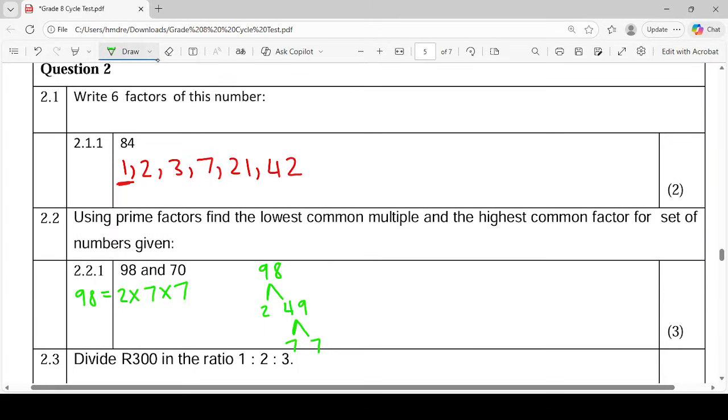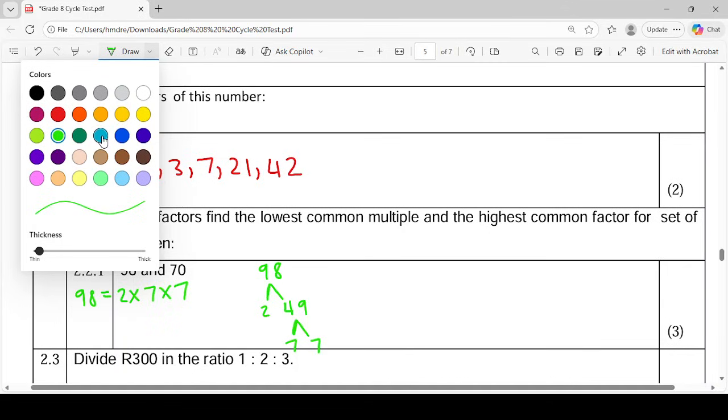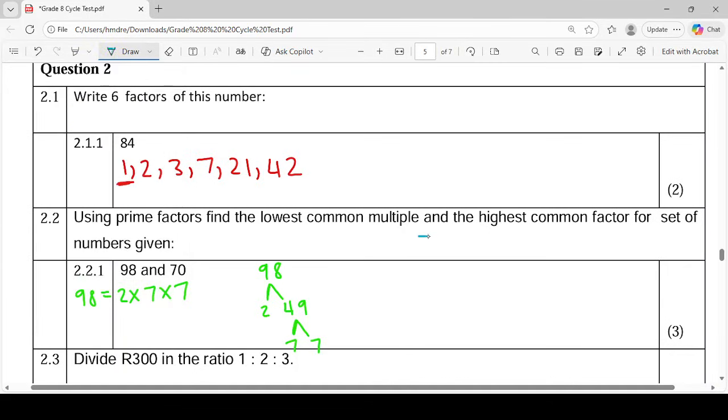And then if we do the same for 70, so 70 is 2 times 35. And 35 is 5 times 7. So these are our prime factors here.